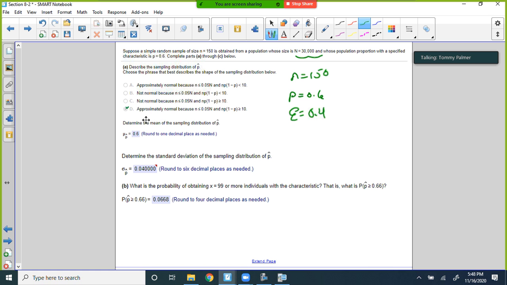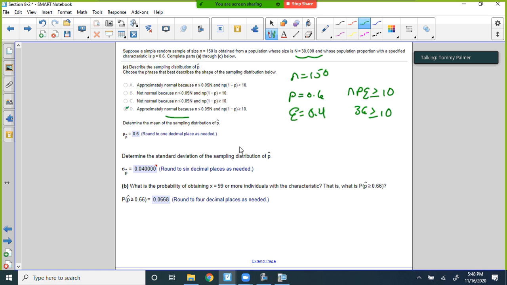So if we do this, we know that it's approximately normal because NPQ is greater than or equal to what? 10, right? So you can calculate that. 0.4 times 0.6 times 150. That's 36, right? It's 36, greater than or equal to 10 all day long, right?